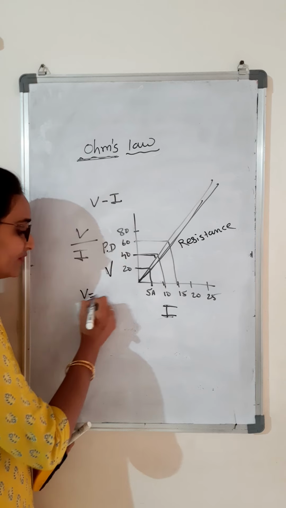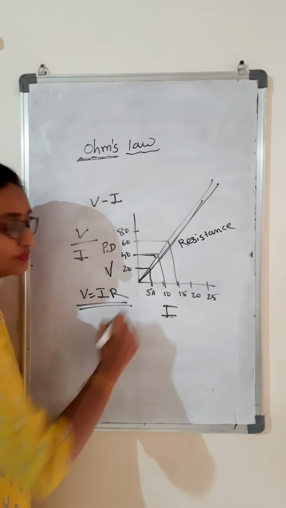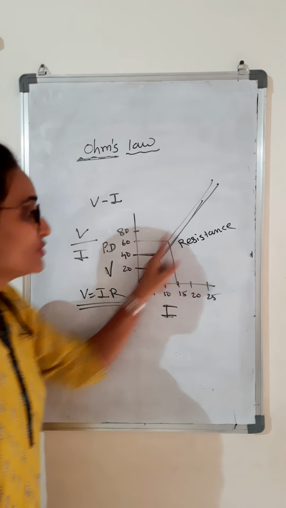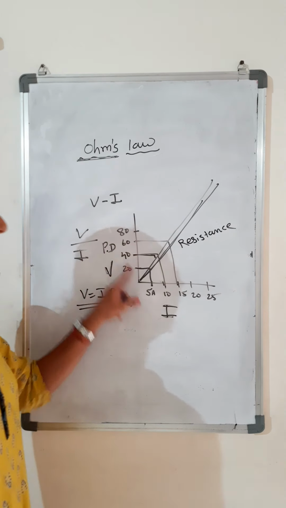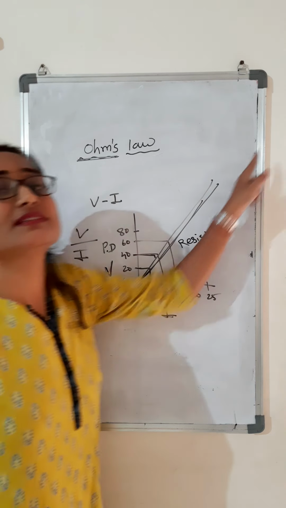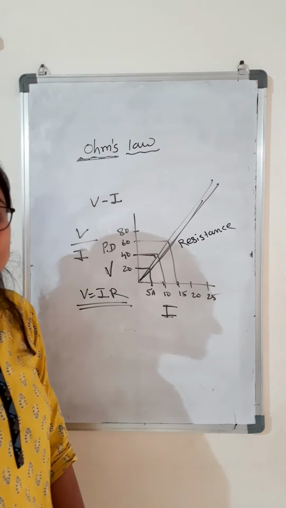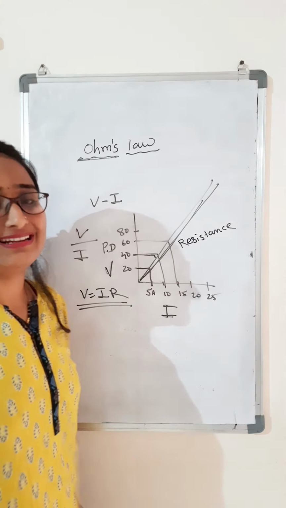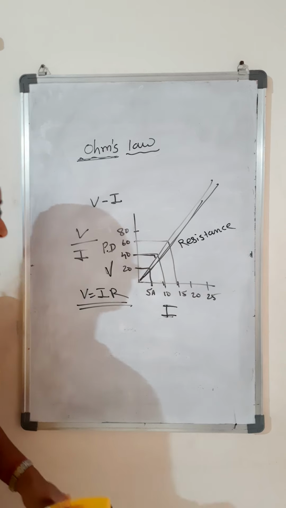Because you know V is equal to IR. V is here, I is here. Where is the resistance? So this slope is the resistance. And for ohmic conductors, which obey Ohm's law, this VI graph will always be a straight line at a constant temperature.